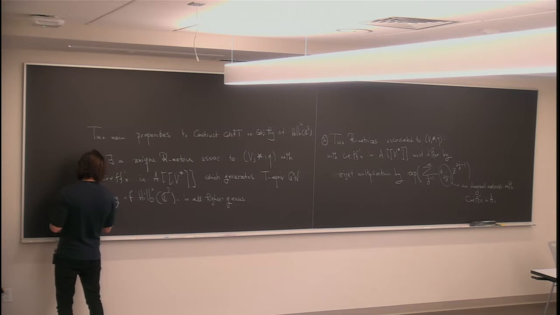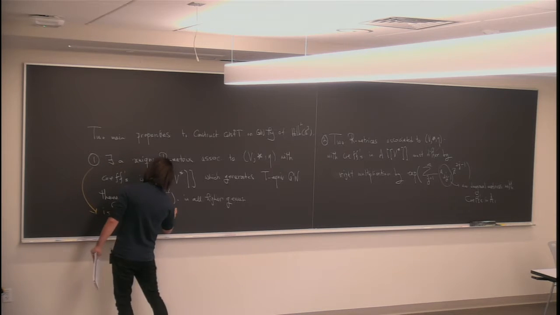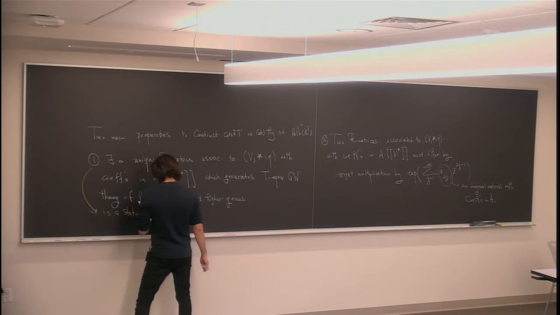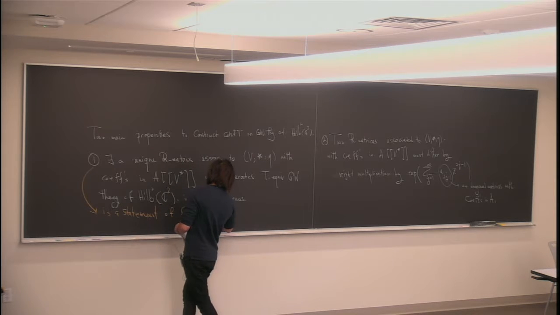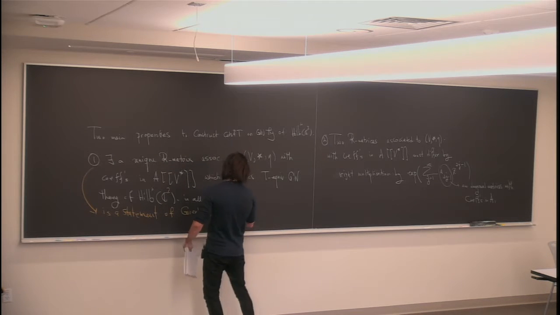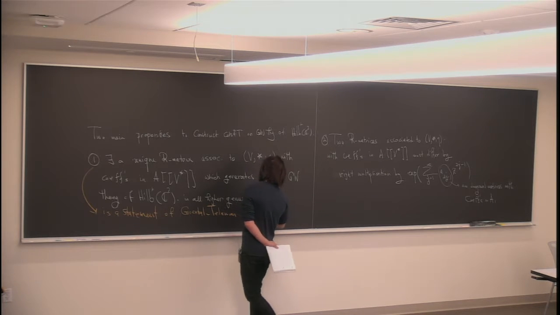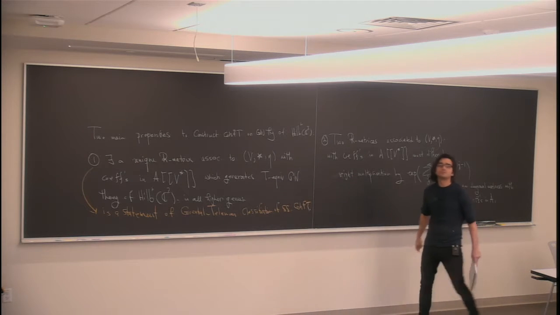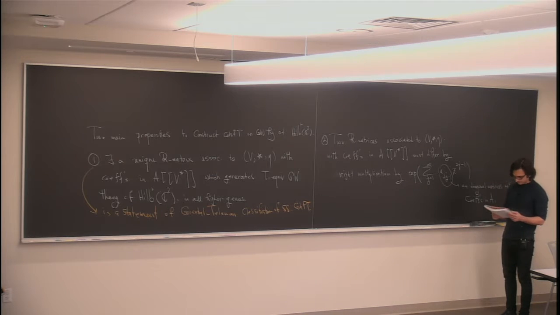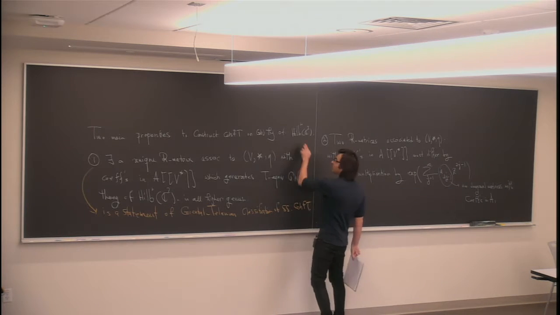This is a statement of Givental-Teleman classification of semi-simple cohomological field theories, applied to T-equivariant Gromov-Witten theory of Hilbert of C2.